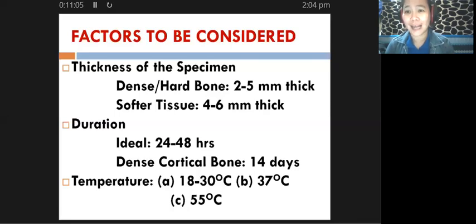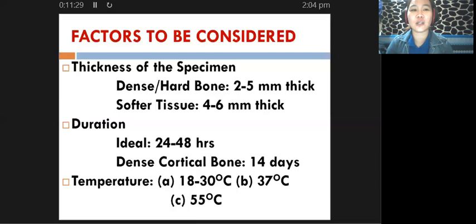Wala ka nang babalikan. I don't know how to translate that in English. Sorry, Miss Sem. You have to learn more Tagalog. So be careful when performing the decalcification process at higher temperatures because it will make the consequences worse.